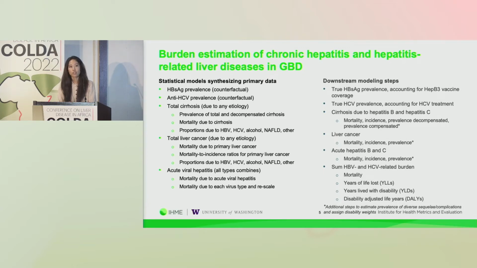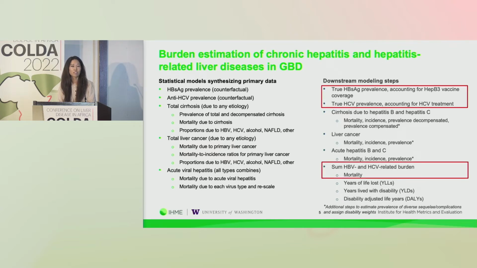In today's talk, because of the time, I'll be focusing on these 3 indicators: the hepatitis B seroprevalence, accounting for hepatitis B vaccine coverage; the second one is hepatitis C incidence, accounting for hepatitis C treatment, as well as the prevalence; and lastly, I will go over the hepatitis-related disease burden in terms of mortality for both hepatitis B and C.